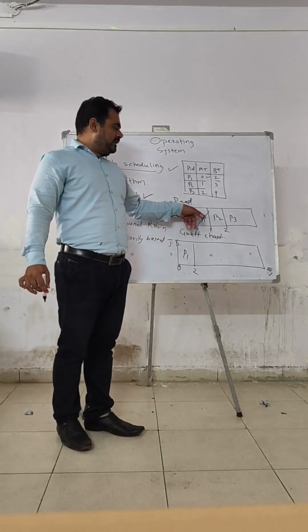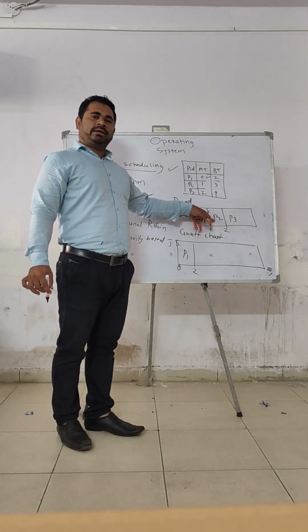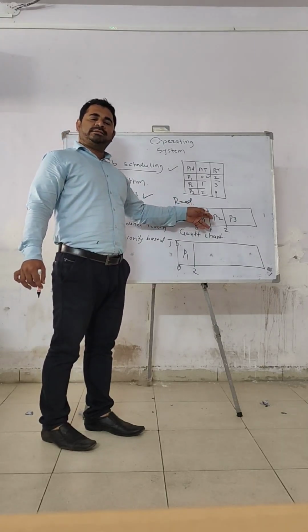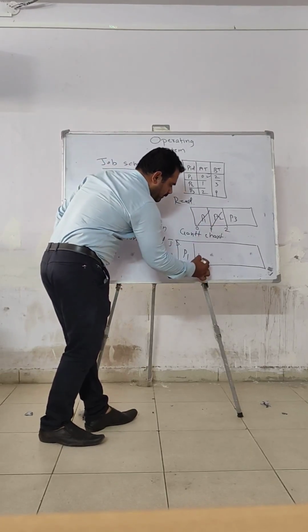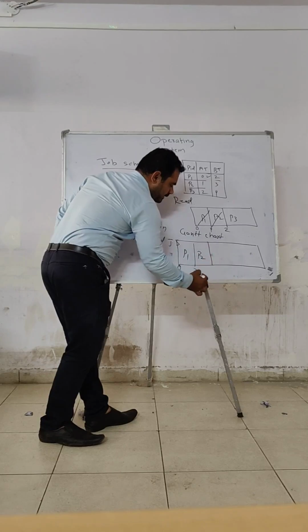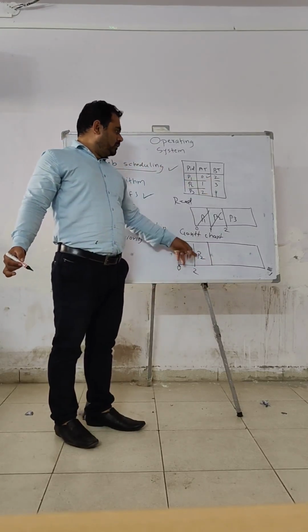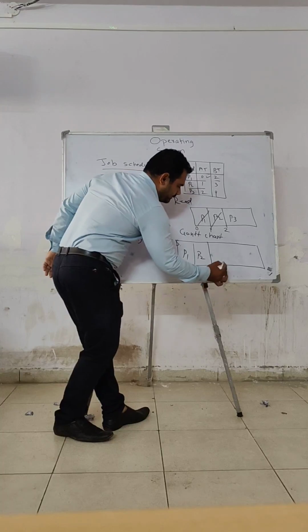So second, process P2 came into the ready queue, so we will execute it next. Process P2 gets executed from 2 millisecond up to 2 plus 3, 5 millisecond.